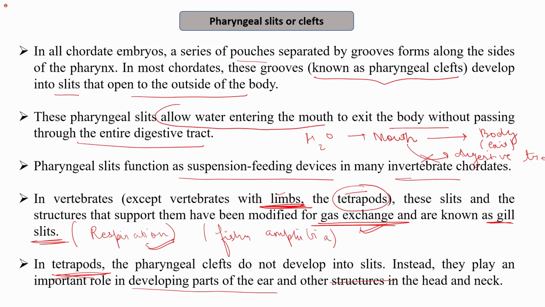And in tetrapods, the vertebrates that have limbs, their pharyngeal clefts do not develop into the slits. Instead, they develop into parts of the ear or other structures present in the head and the neck region. So this is the function of the pharyngeal gill slits or the pharyngeal clefts which are present in the chordates.